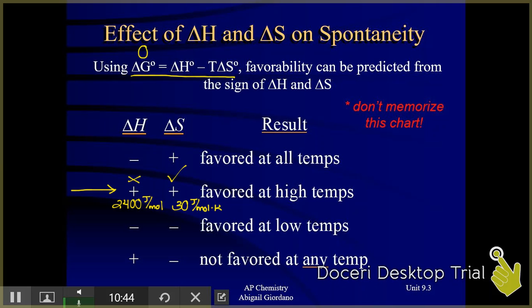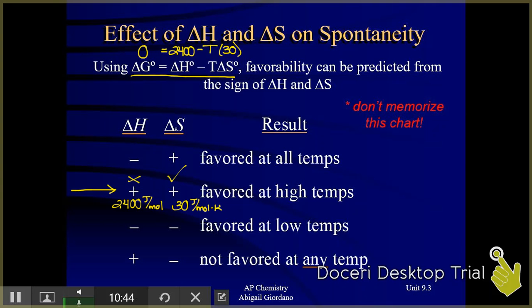I'm going to set delta G equal to 0. I'll explain why in just a moment. And I'm going to plug in these values. 2,400 is my heat, minus T times 30.